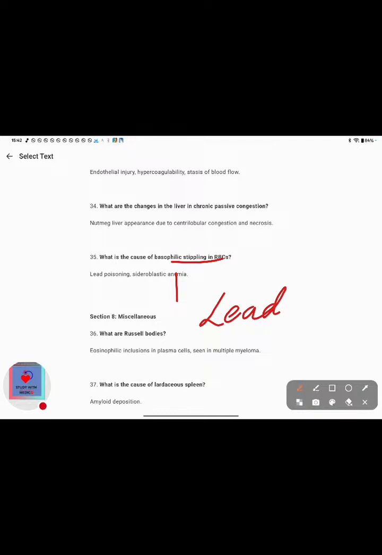Okay, so there is a sideroblastic anemia. So it is because of chronic passive congestion.